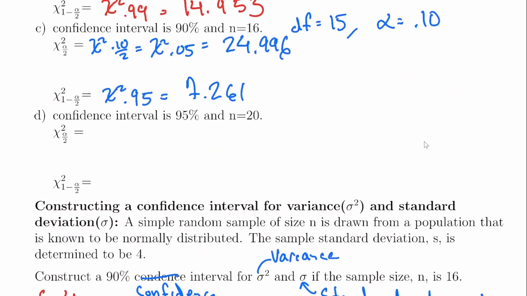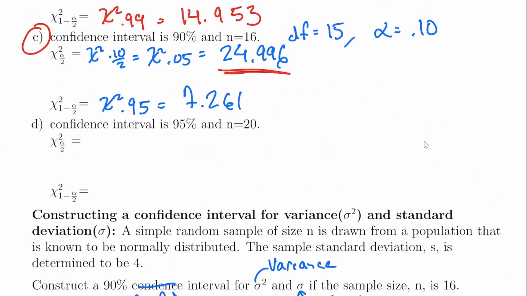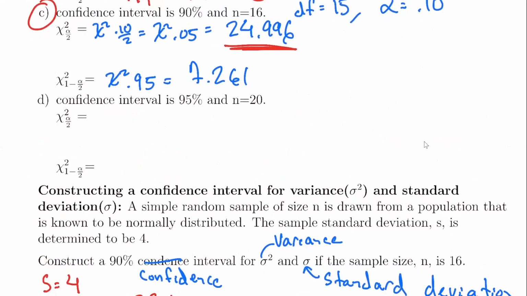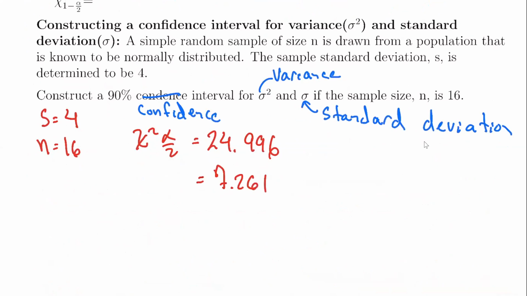Technically we already did that one in part C. So we already got the chi-square values for both chi-square of alpha divided by 2, which is 24.996, and chi-square of 1 minus alpha divided by 2, which is 7.261.